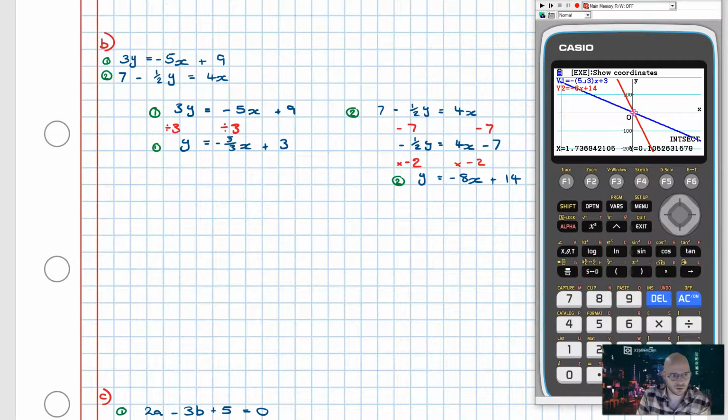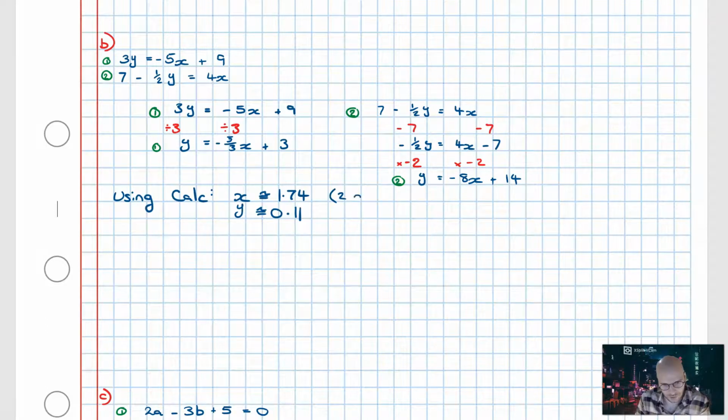And we'll write, using calc, x equals 1.74. And furthermore, y is approximately equal to 0.11. And we should specify 2 decimal places. Alright, so that's using the graphical method and looking for the intersection.